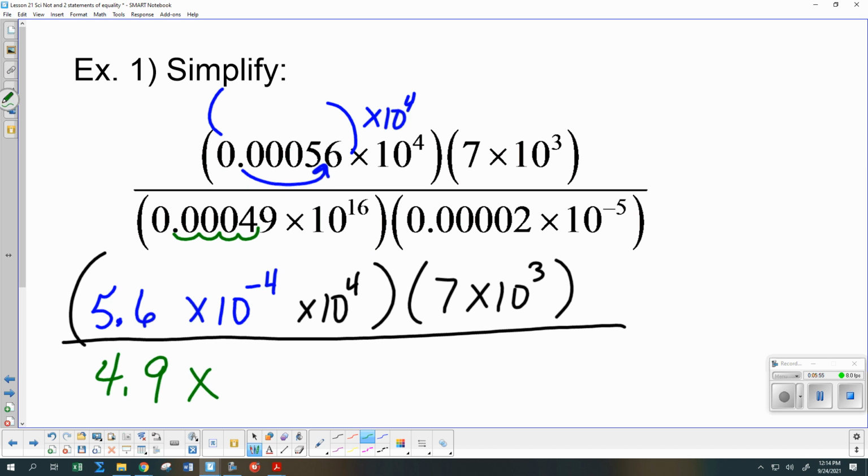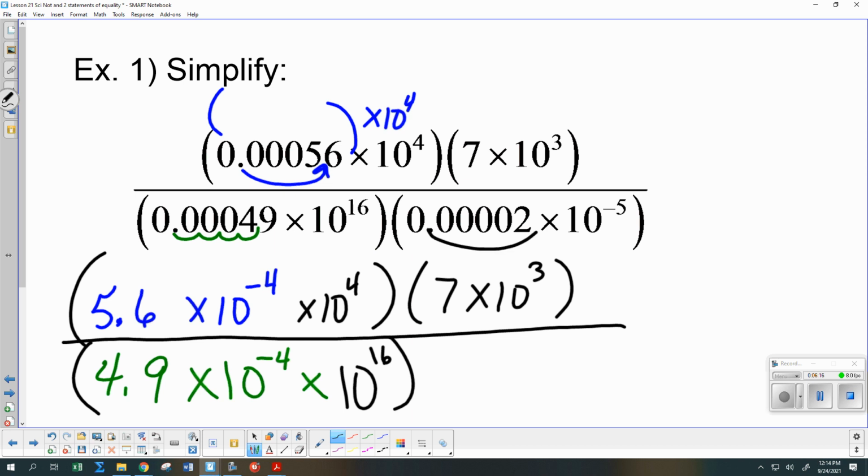I made it 4 places bigger, so that piece needs to be a 10 to the minus 4. And then I've still got this other times 10 to the 16th in that parentheses. And then this one, my decimal should just be 2.